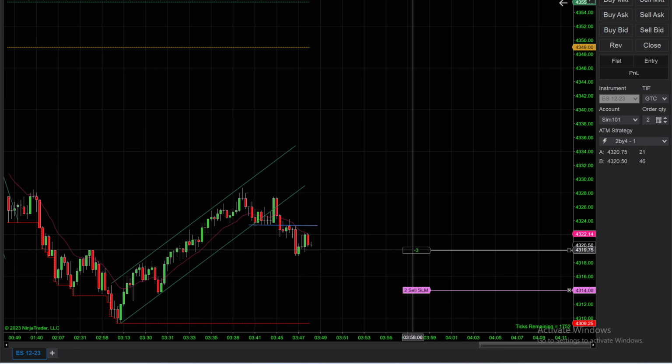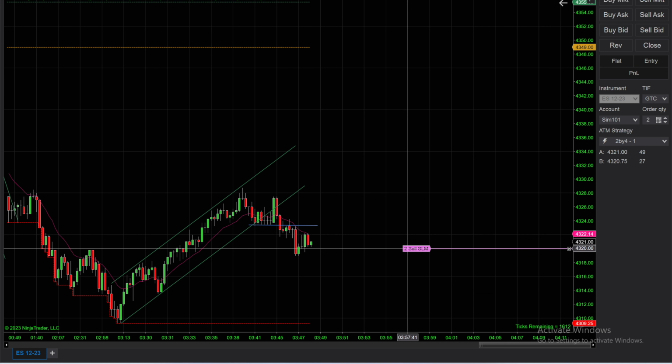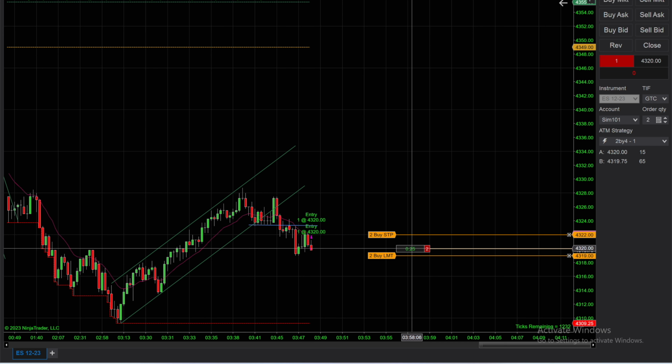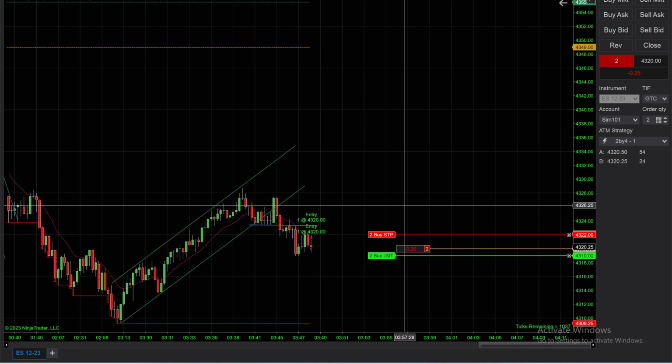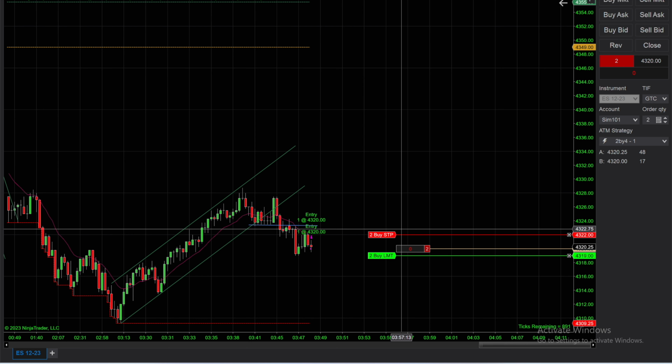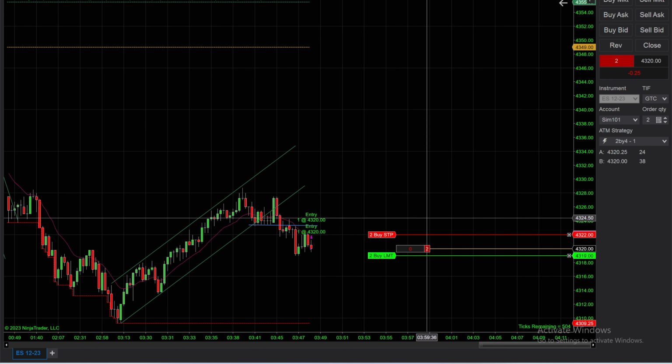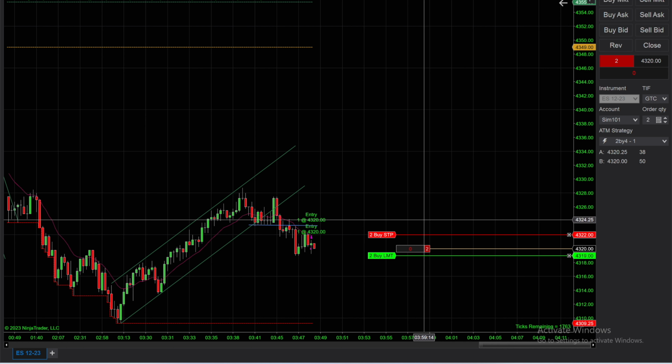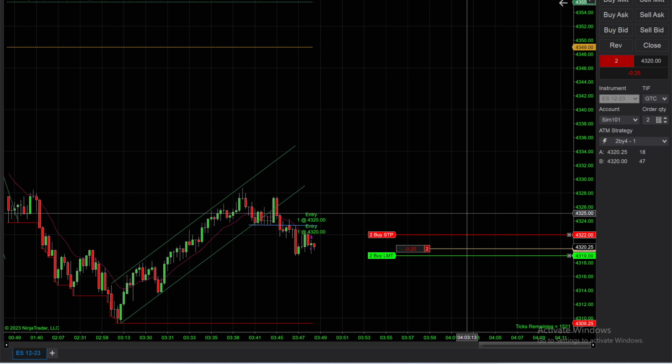You can see second entry short, got a nice signal bar off the EMA, and then it filled my order, and then it shot back up, made a lower high confirmation of the second entry short, and dropped down pretty nicely.